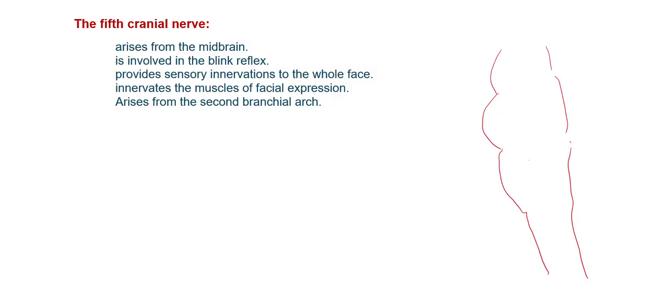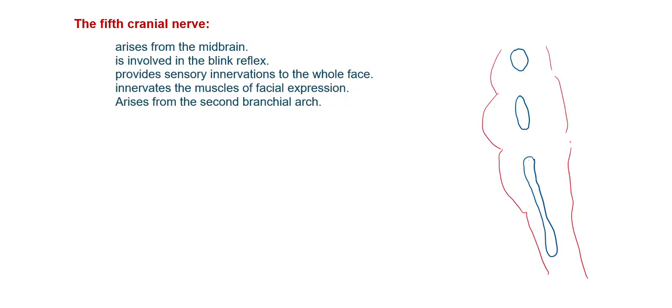The fifth cranial nerve, the trigeminal, arises from 4 nuclei. It arises from the main sensory nucleus in the pons, mesencephalic nucleus in the midbrain, and spinal nucleus in the medulla and upper spinal cord.